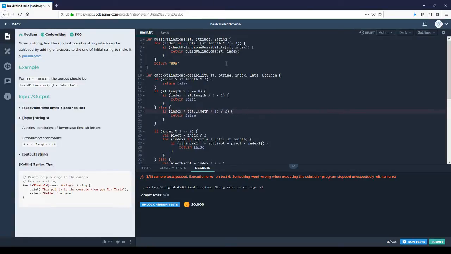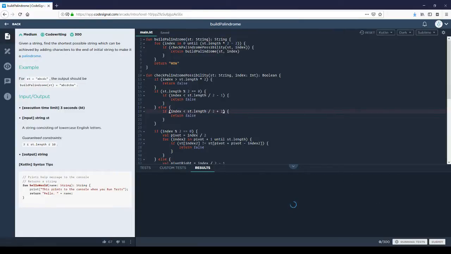Or equivalently, length divided by 2 plus 1. Length would be 5 divided by 2, which is 2, and plus 1, or actually plus 2. And that's it. That's probably where I stopped.